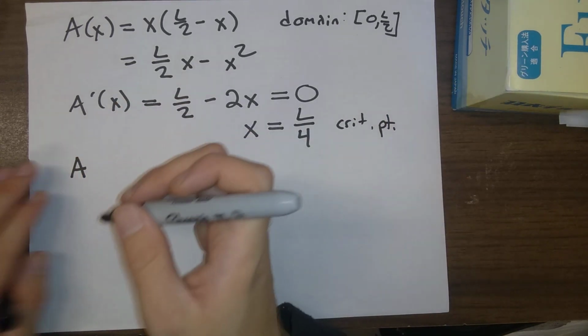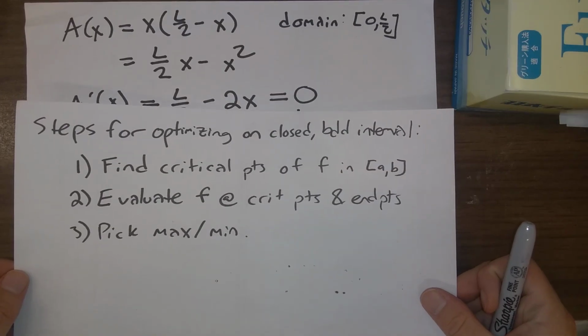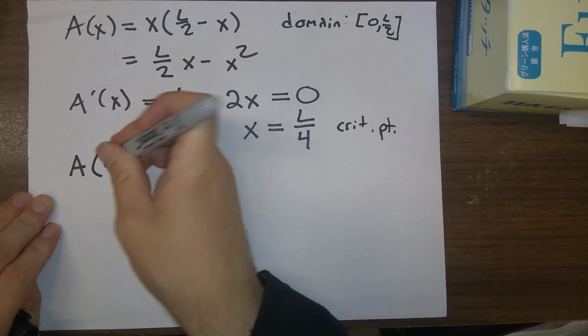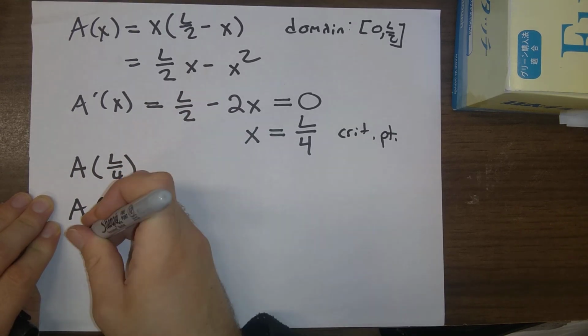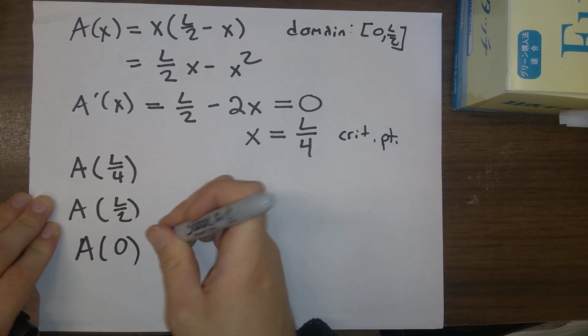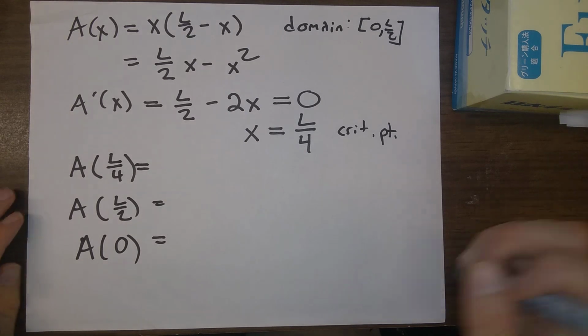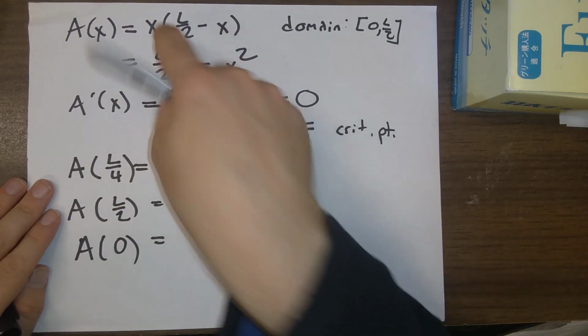So now we found all the critical points. There's only one of them. We want to evaluate the function at the critical point and at the endpoints. So A of L over 4. We'll also do A of L over 2 and A of 0. We plug in all of these, L over 4 up here.